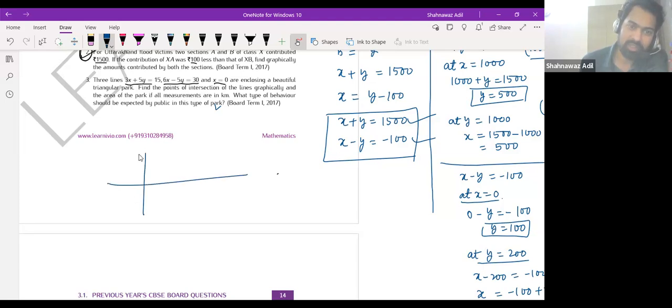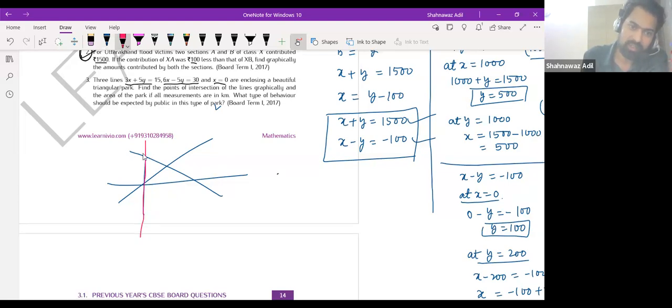So in this question, let's say these are the two lines that we have, and the third line is x equals to 0. X equals to 0 is which axis? Y axis, right? So this would be the third line.